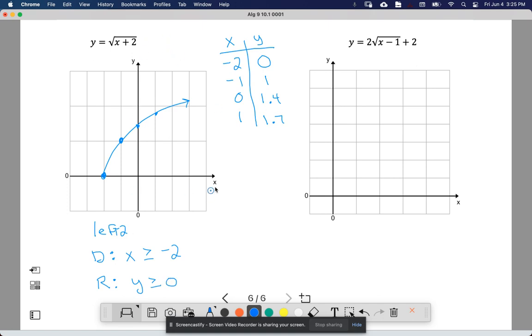So again, the whole goal here, ladies and gentlemen, is so that you can look at this function and tell me what it is doing compared to the parent function. You shouldn't have to graph this out at all. You should just be able to look at this and say, oh, that 2 in front, that is a stretch, and the factor was 2.